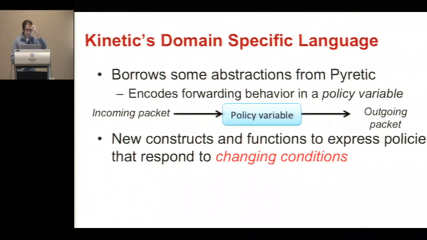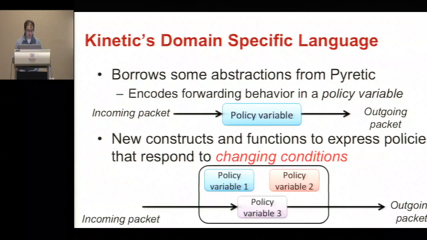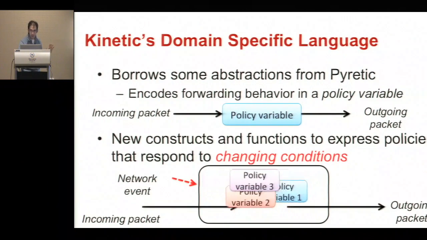What we do then is build on that. We build these new constructs and functions to express policies that reflect the fact that network conditions might change. So we take these policy variables, you have an incoming packet, you map that to one or more outgoing packets, and when network conditions change, we just want to change that policy variable. Easy enough.